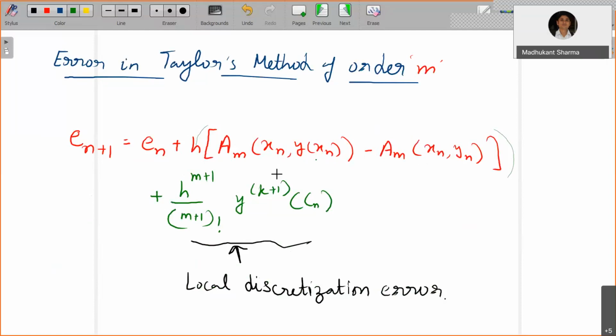Later on we are going to ignore this second term, because we are now only interested in minimizing the local discretization error in further sessions. So this will be the error expression for Taylor's method of order n.